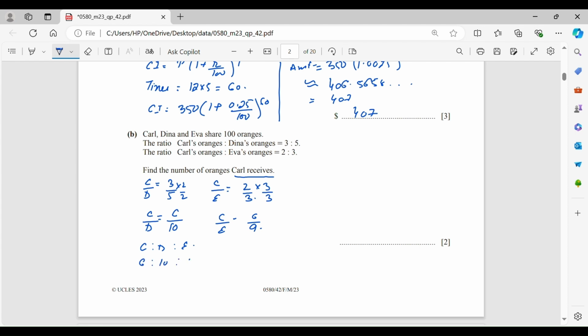We have to find the number of oranges that Carl received. Now the total of this is 25. So Carl will receive 6/25 into 100, which will be equal to 24. So he will receive 24 oranges. So our answer is 24.